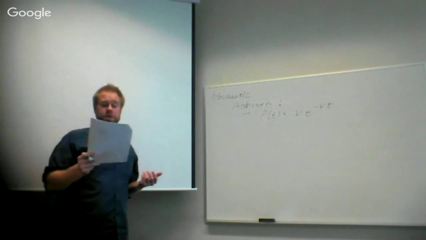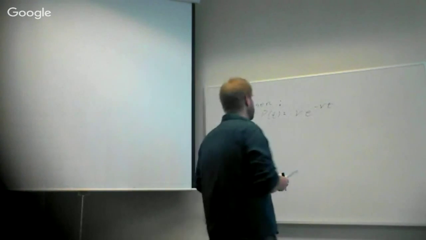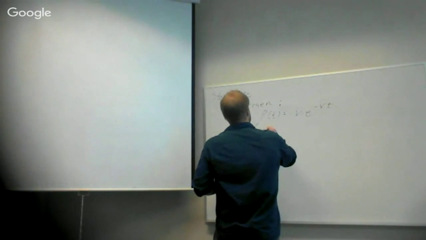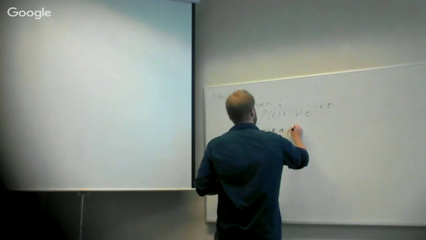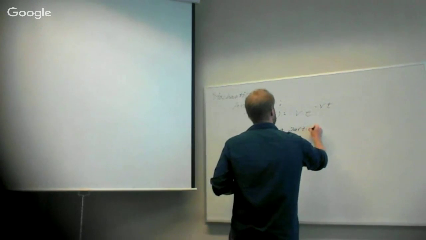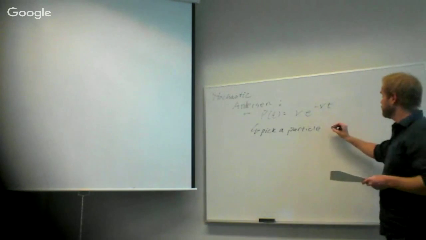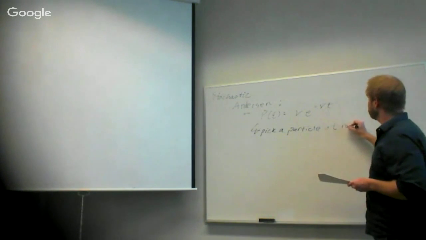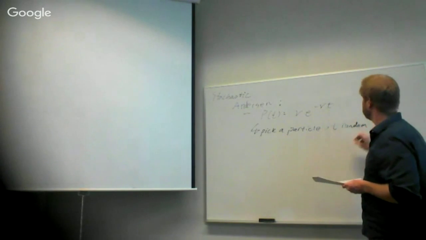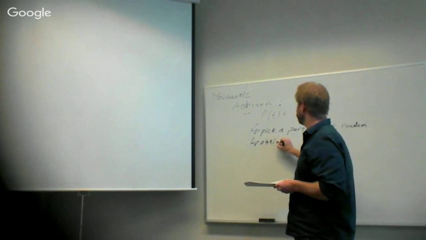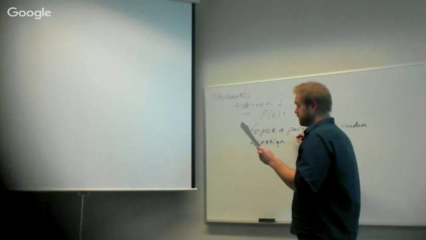And when you do have a collision, what you do is that you pick some particle at random, and you assign it a velocity from the Boltzmann distribution.